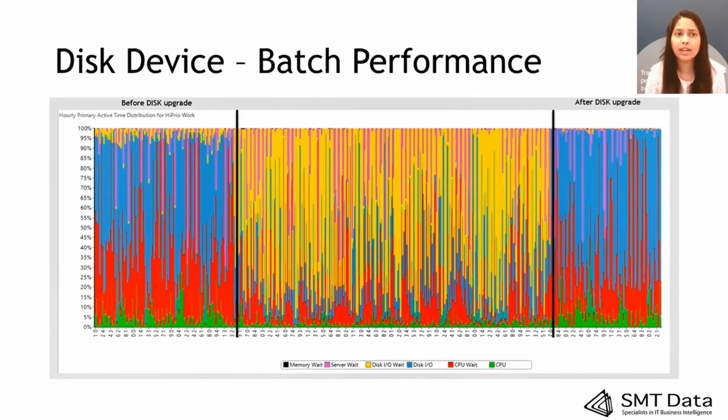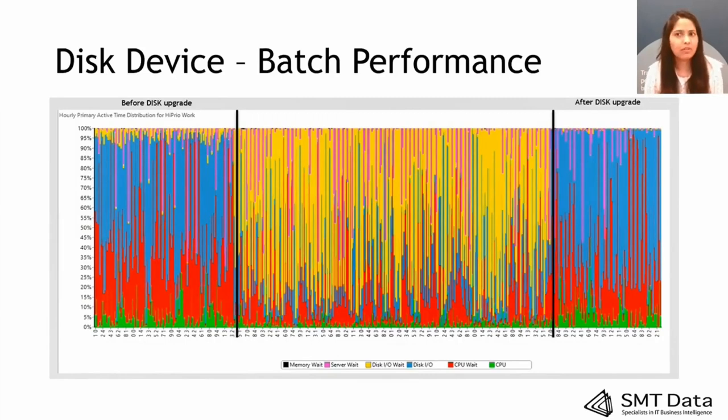After the disk upgrade, the yellow graph bar is reduced to 1 to 5%. Yes, it's a good improvement. After the disk upgrade, the disk IO is improved, so batch is not waiting for the disk. It's getting very good performance.